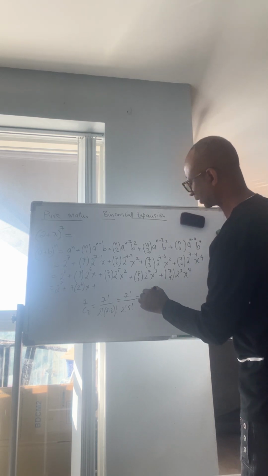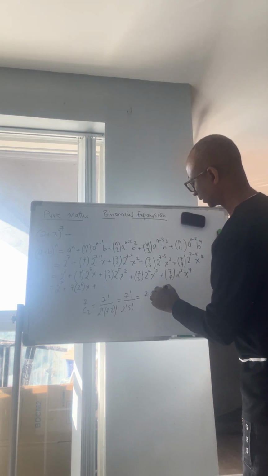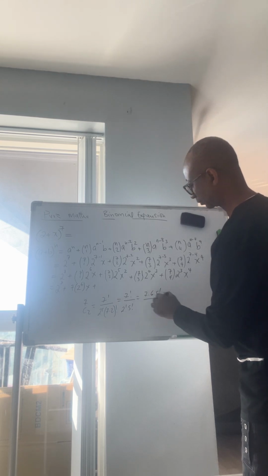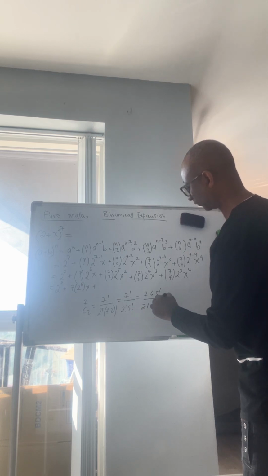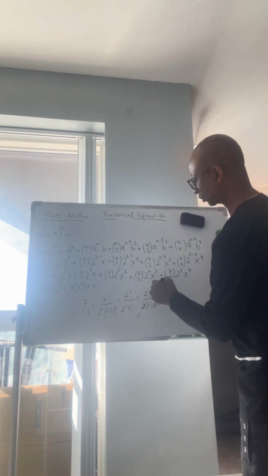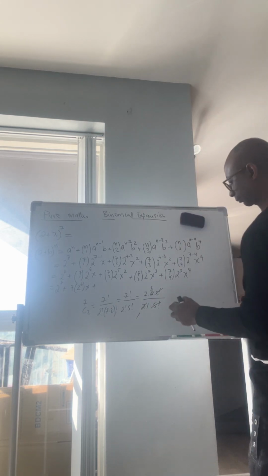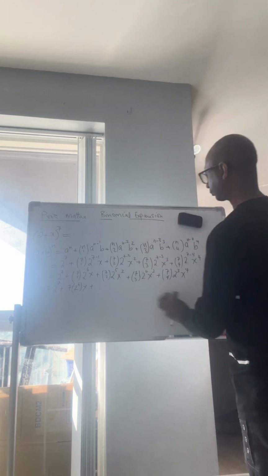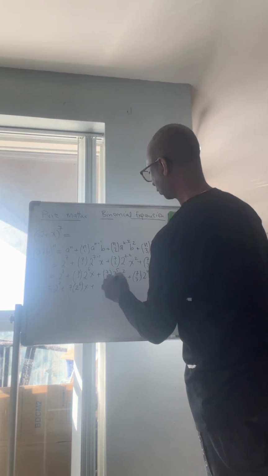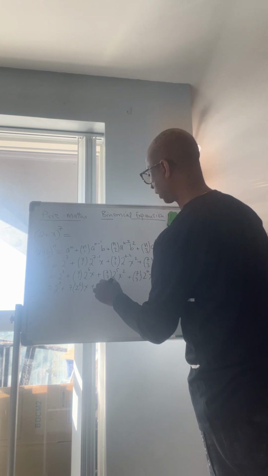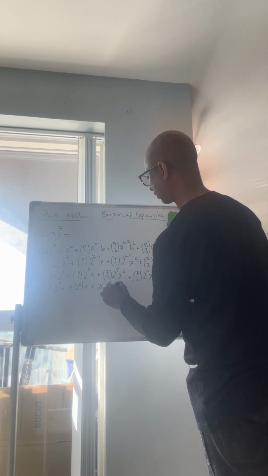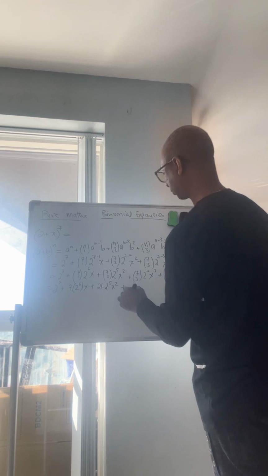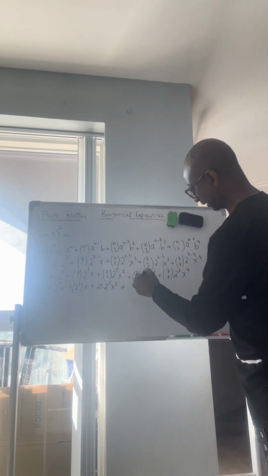So this gives you 7 times 6 times 5 factorial over 2 times 1 times 5 factorial. The 5 factorial cancels, 6 over 2 is 3, so you get 21. So here you get 21 times 2^5 x squared.